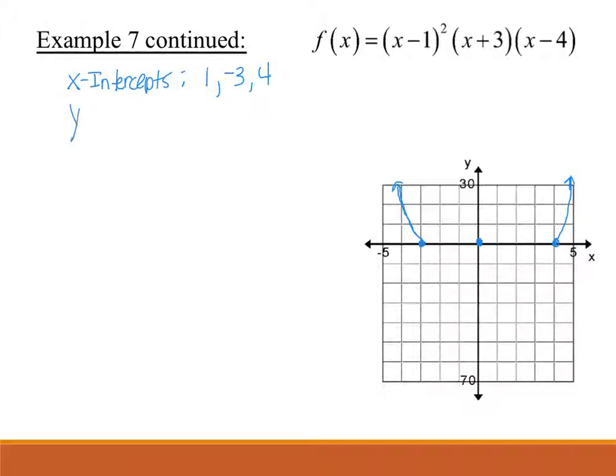So where's my y-intercept? My y-intercept is when x is 0. When x is 0 all the way through, I have a 1 times 3 times a negative 4, which is a negative 12, right?